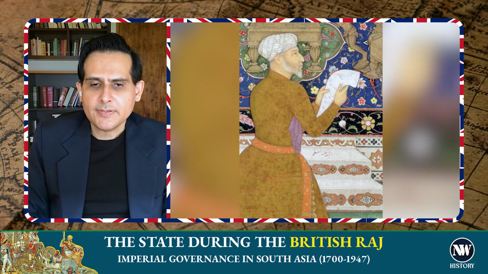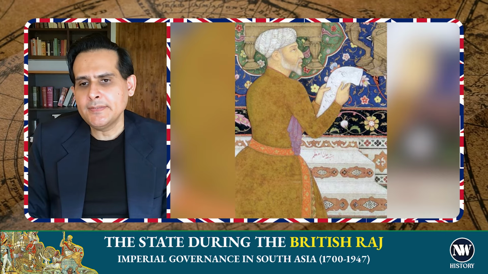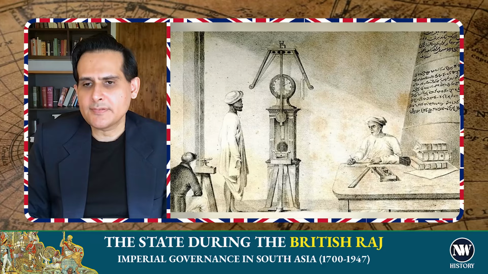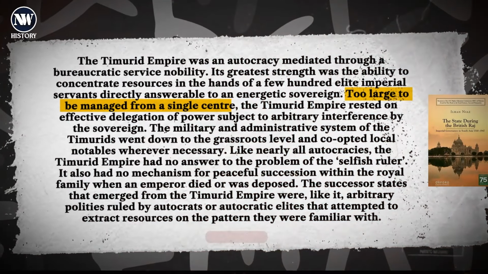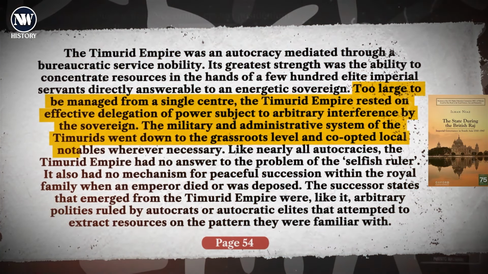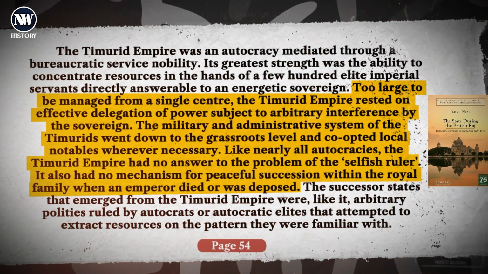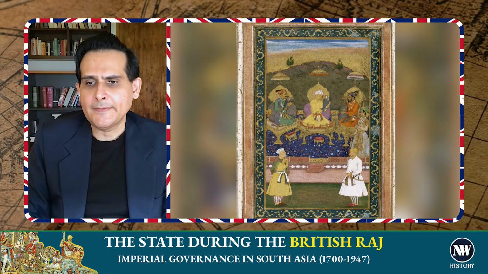Then, of course, there are severe deficiencies in terms of the ideological constructs that the Mughals and their successor states used to understand the world around them. They operated in a realm of dynasties, in a realm of lineages, in a realm where authority was necessarily personal in nature.